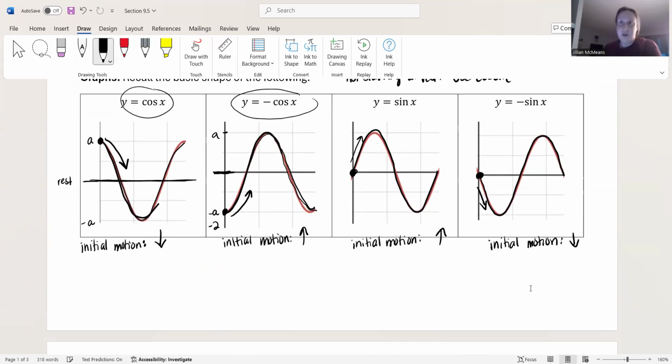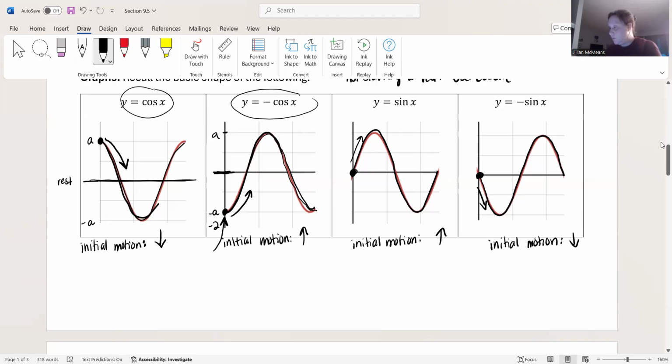Pretend this is -2. So at time t equals 0, okay, where are we? Well, we're at -2, because we initially have this object that's been pulled down 2 units from rest and it's being held there until time starts and we let go. So the displacement at time t equals 0 is going to be -2.